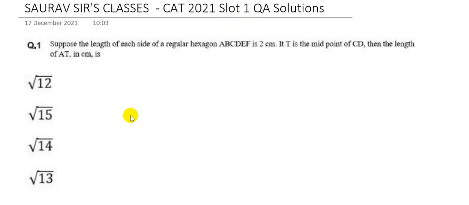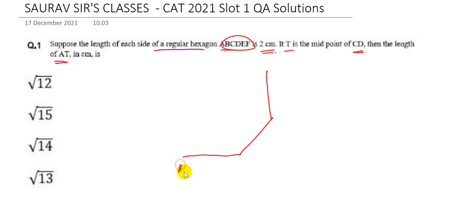This is the first question, which says: suppose the length of each side of a regular hexagon ABCDEF is 2 centimeters and T is the midpoint of CD, then the length of AT is what? So if we consider a regular hexagon, three of the sides will be AB, BC, CD.